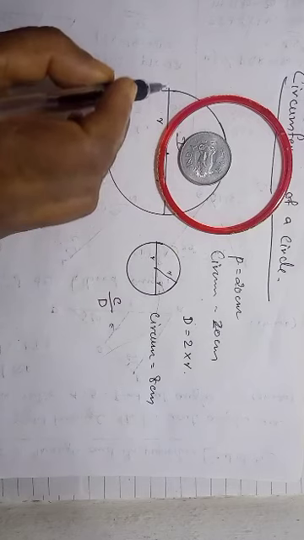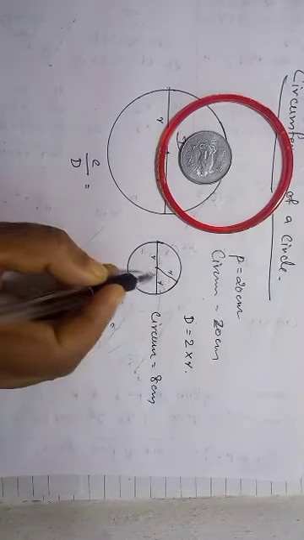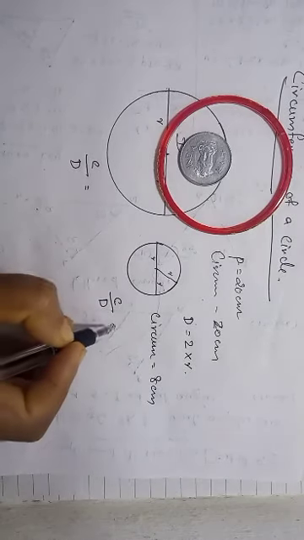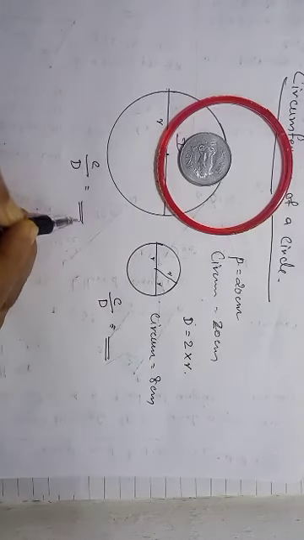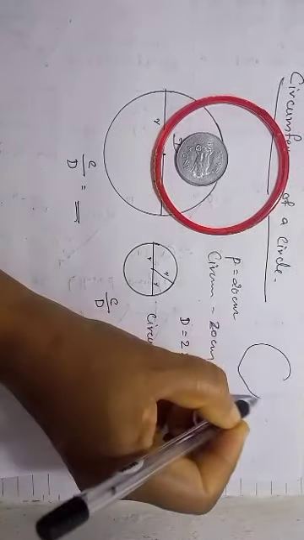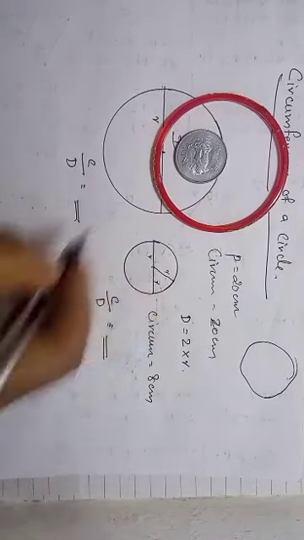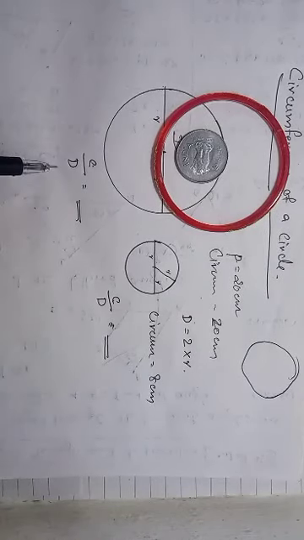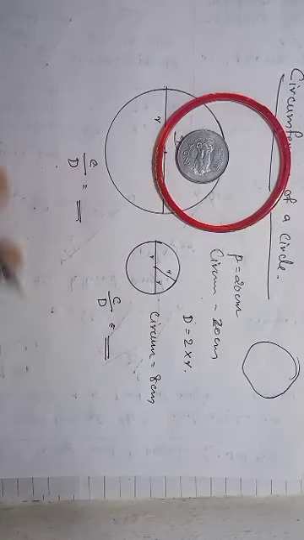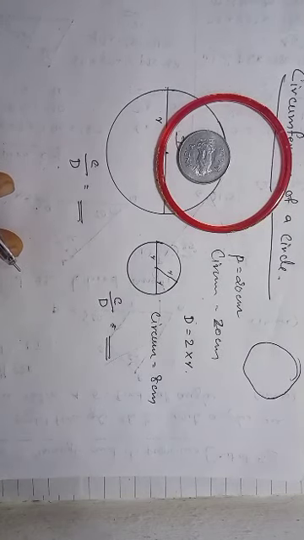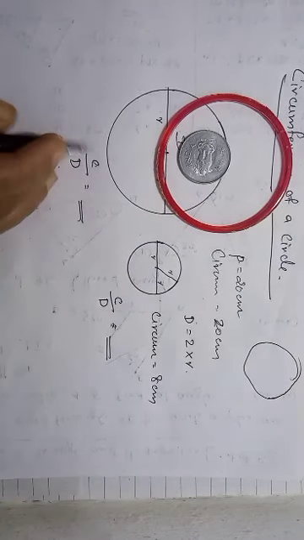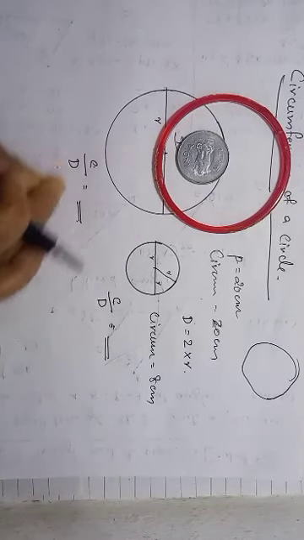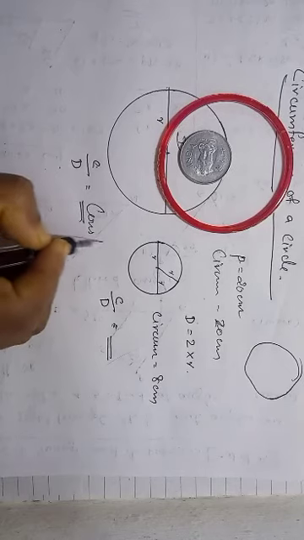This big circle's circumference divided by its big diameter, and the small circle's circumference divided by its small diameter, in both cases you will get the same number. Even when you draw a bigger circle, circumference by diameter is the same number every time. So we call it a constant. For every circle, circumference by diameter is a constant.